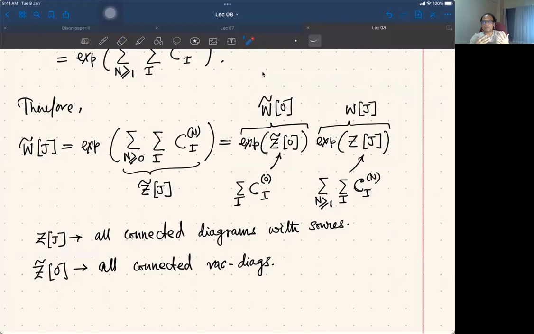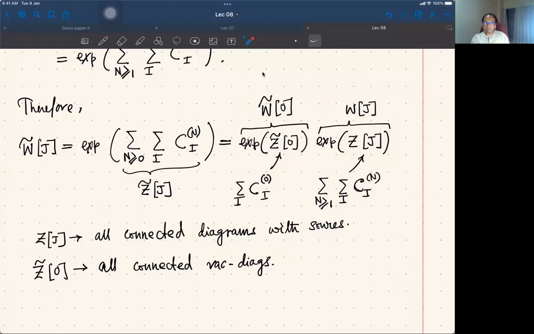You are trying to write the interacting theory vacuum in terms of the free theory vacuum, which is why you are seeing excitations in the vacuum.